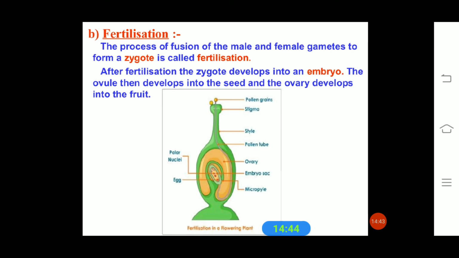After fertilization, the zygote develops into an embryo, the ovule develops into the seed, and the ovary develops into the fruit.